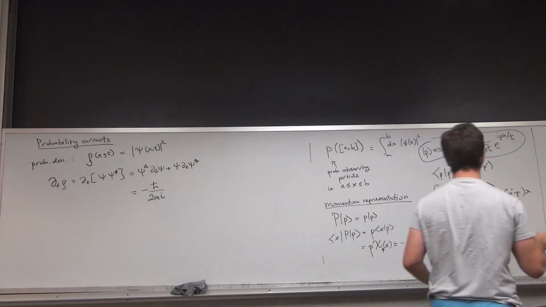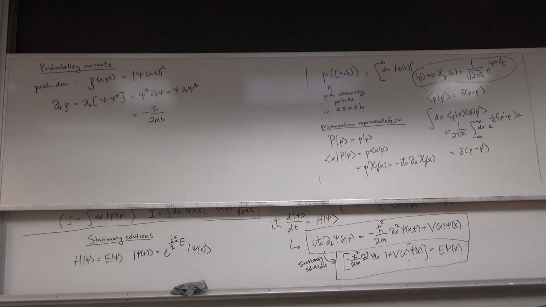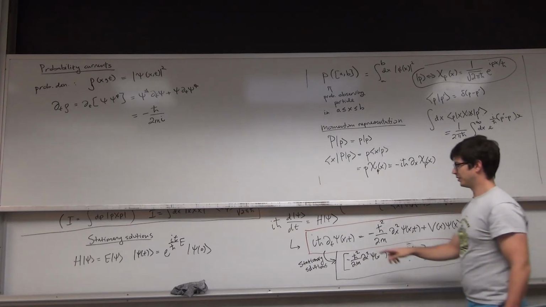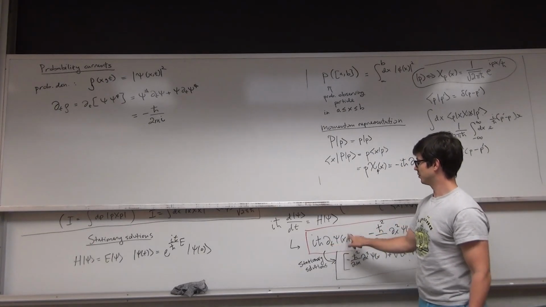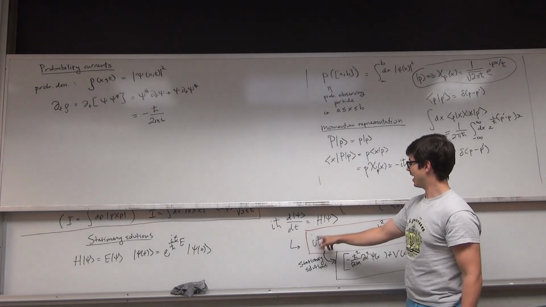Let me bring back the Schrodinger equation. Okay, so here's the Schrodinger equation. We want this partial derivative with respect to t of psi, so we have to divide out by i h bar.